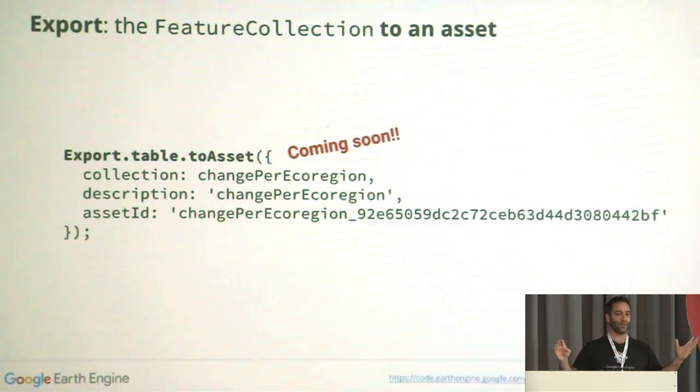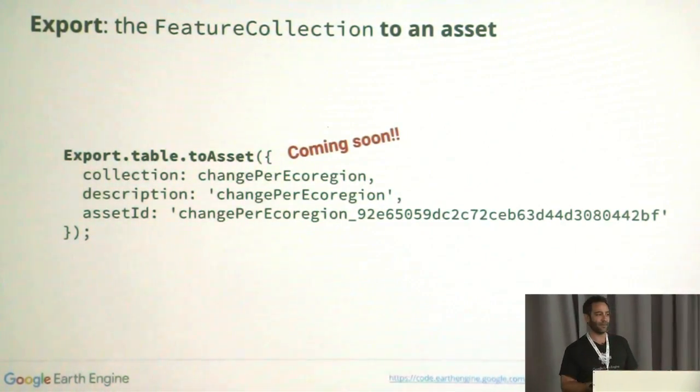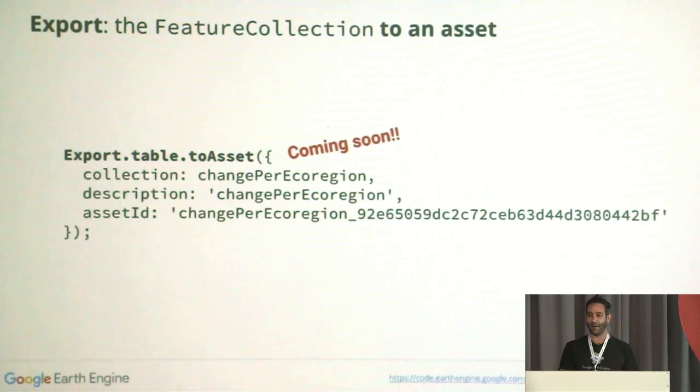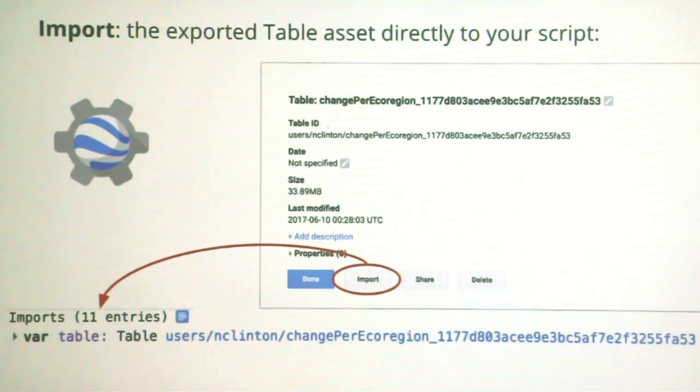Okay, so you've done some big computation with the table that you've uploaded or that you got from the public data catalog. You've exported it either to a fusion table, which you can do right now, or to an asset, which you'll be able to do soon. And once that thing is an asset sitting in your user folder, then you can just import it again and have the result.